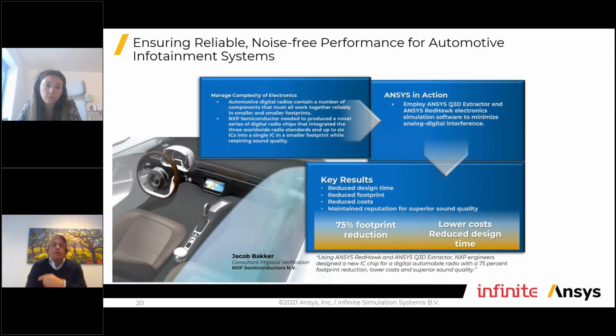And also at NXP, the systems are getting smaller, they interact with each other on the IC level, so you want to know exactly what's going to happen. In this case, Ansys Q3D is used for that, and Ansys RedHawk for designing the chips. So finally, the key results are once again reduced design time, reduced costs, and a better, more reliable product.